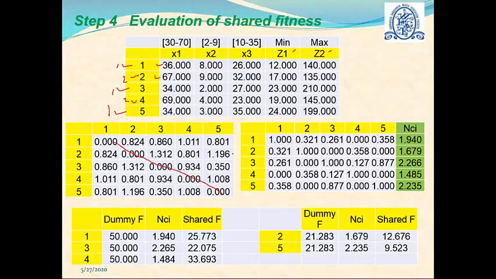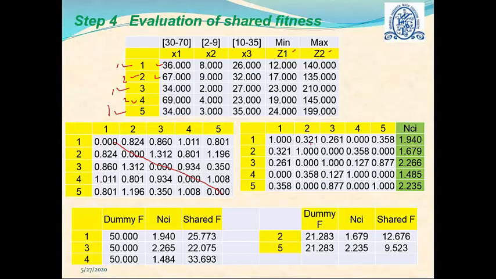Then what do we do next? We have to find out the amount of sharing. To find the amount of sharing, we can either take the reciprocal of these distance values, or subtract these values from 1. For example, 1 minus the square of this value gives 0.321.